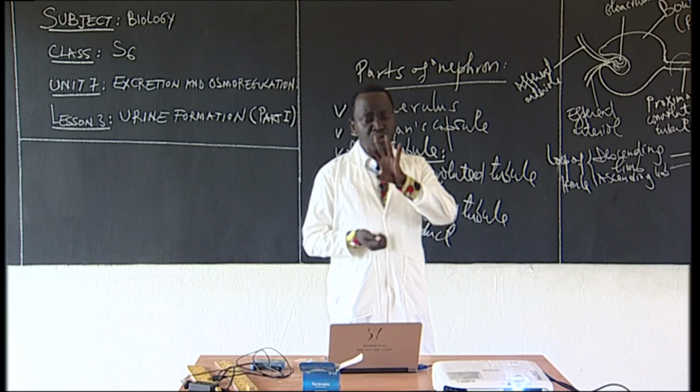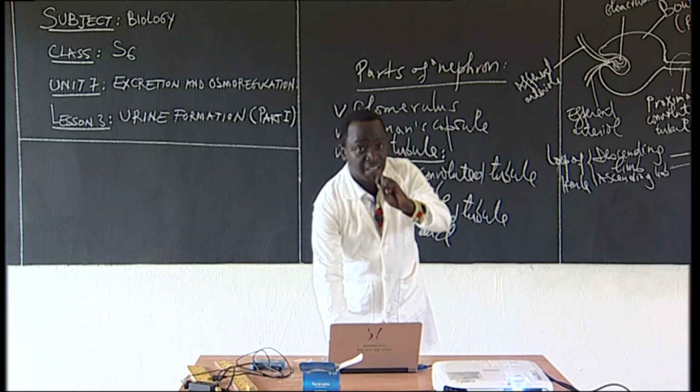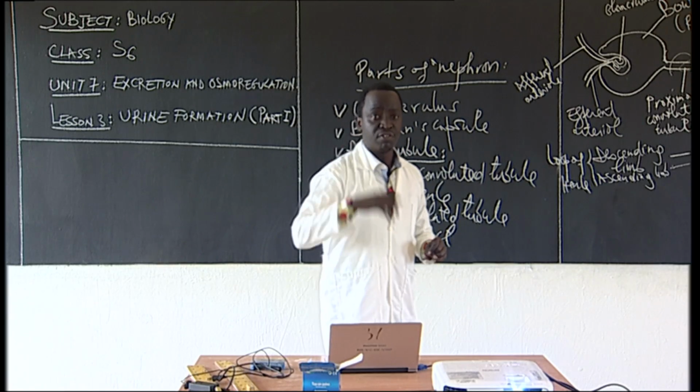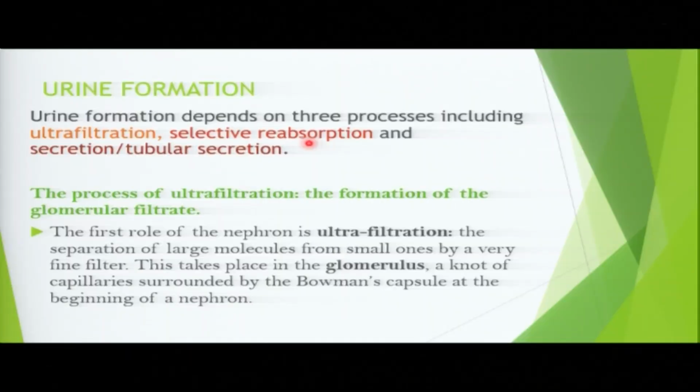Now, urine formation occurs in 3 steps, 3 stages. Step number 1 is ultrafiltration. Step number 2 is selective reabsorption. Step number 3 is secretion. So we describe each step and then follow.